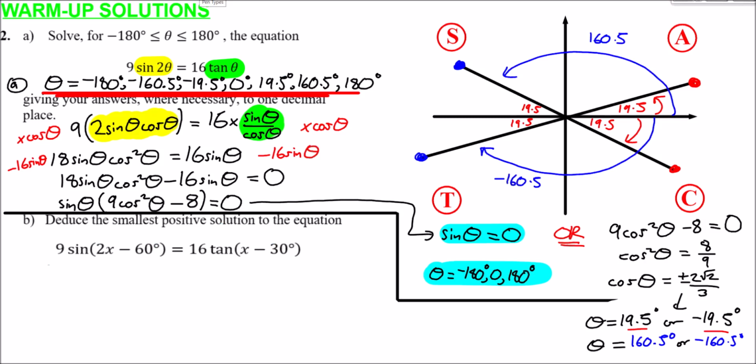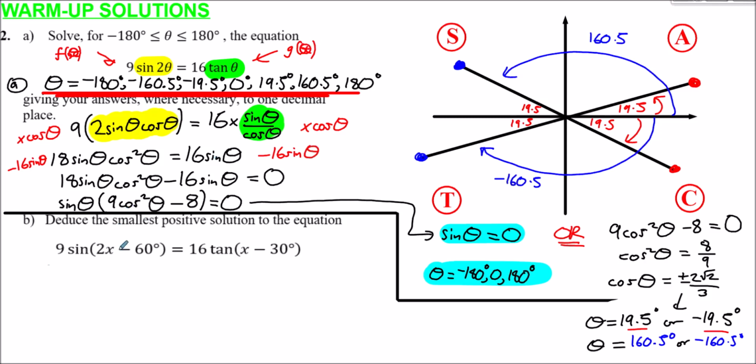transformation. So essentially, if you consider this to be f of x and g of x, in terms of graph transformations, then this here, call it theta rather, because it's in terms of theta, not x.